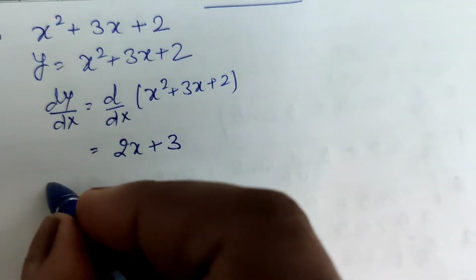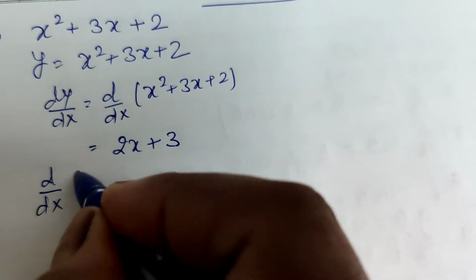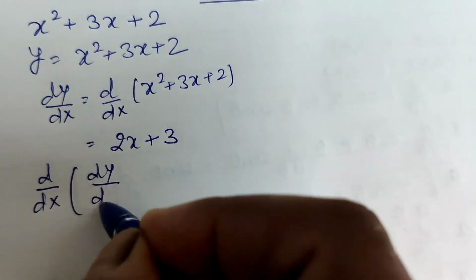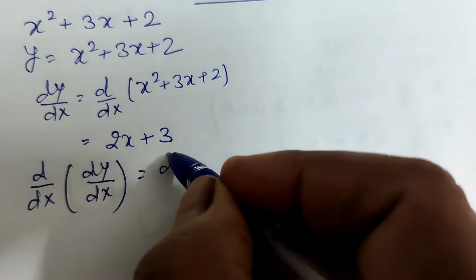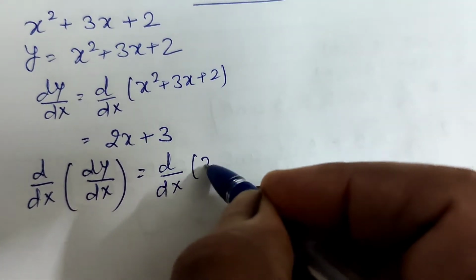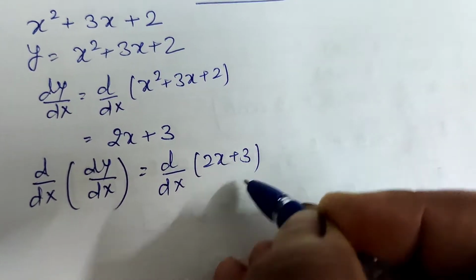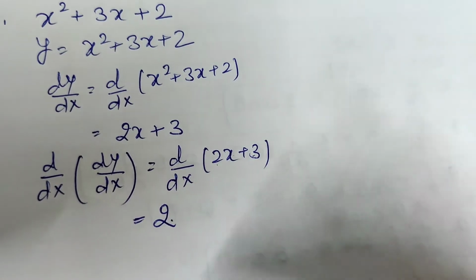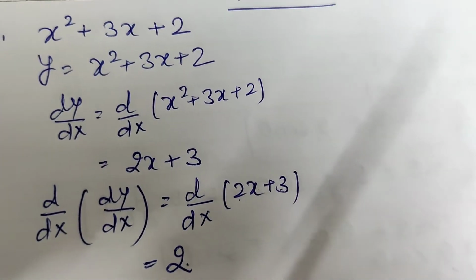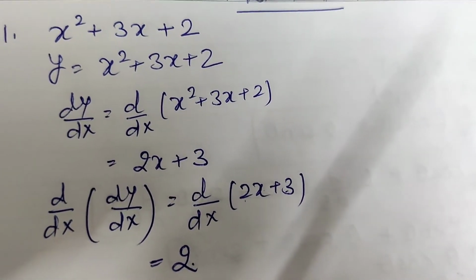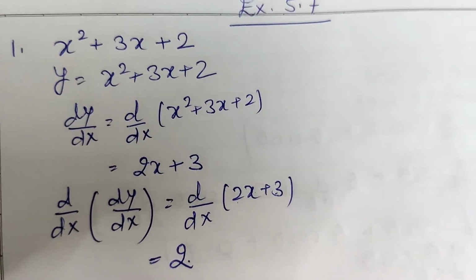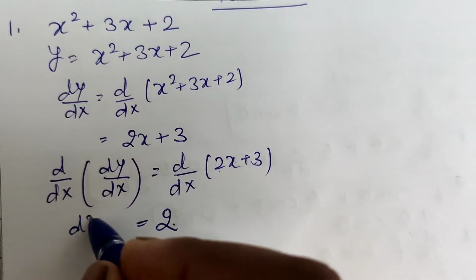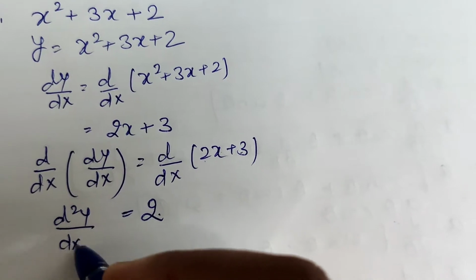And again differentiate, d over dx of dy over dx, so d over dx of 2x plus 3. The answer is 2, since d over dx of 2x is 2 and of 3 is 0. This is the double differentiation, we can write d2y over dx square equals 2.